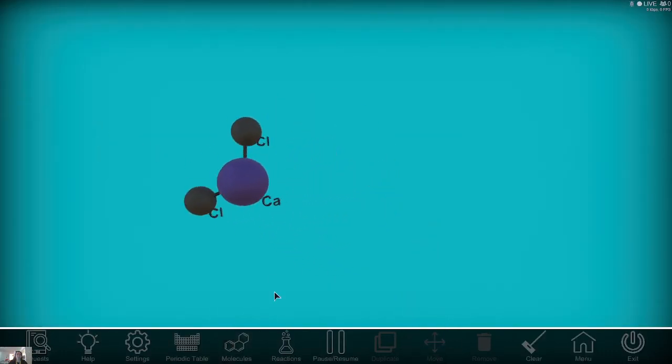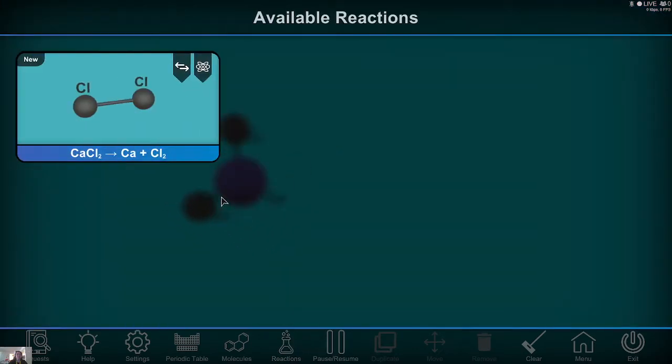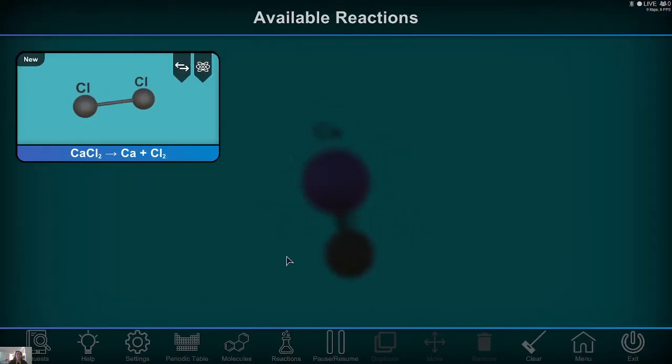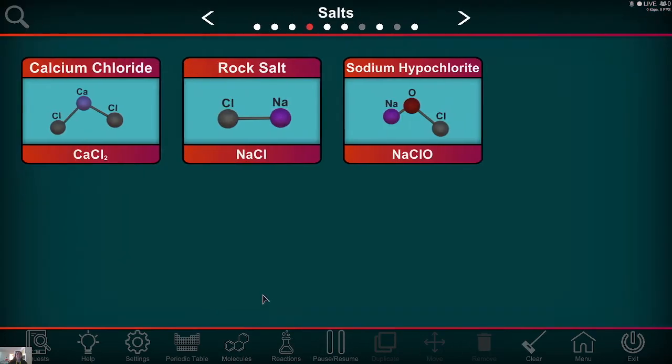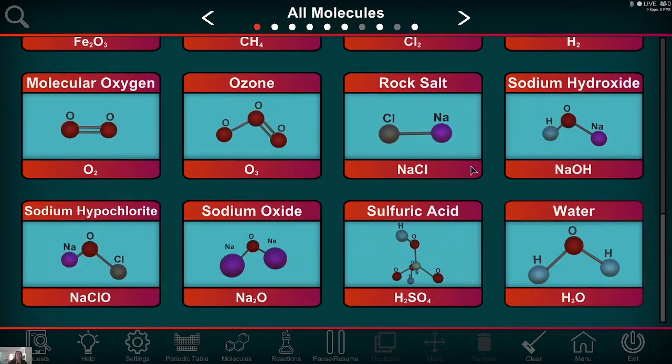Calcium chloride. Light clear. Calcium chloride. This just gave me an idea. I'm gonna go back and try to do the other one.